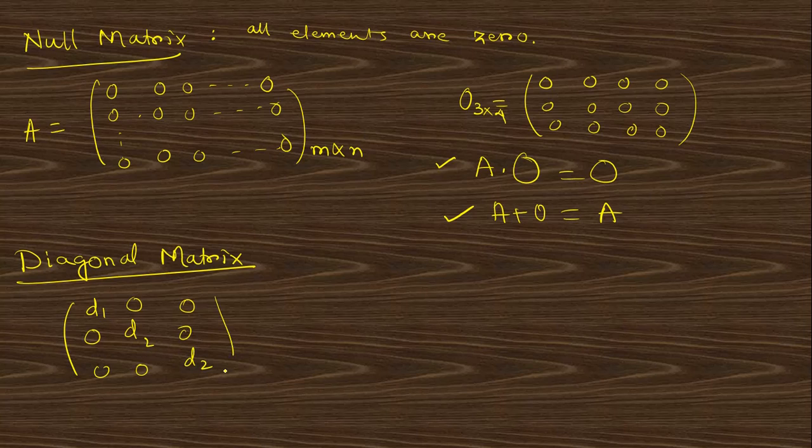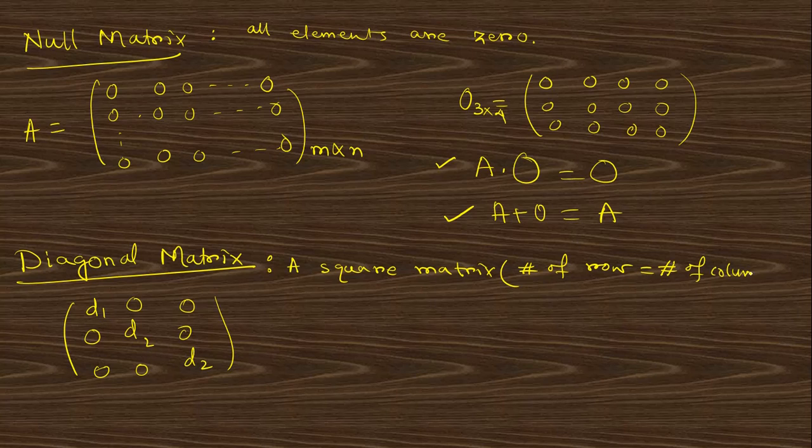This is a 3 by 3 matrix and the elements are along the diagonal. For that, you remember this must be a square matrix. Square matrix means the number of rows and number of columns must be the same.